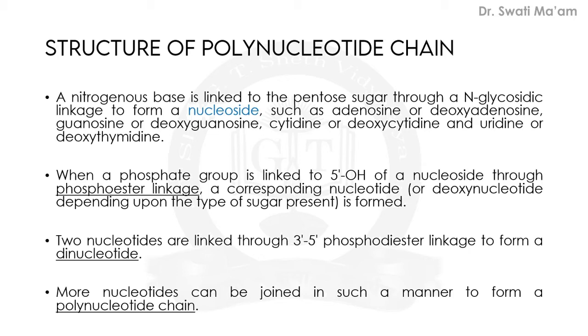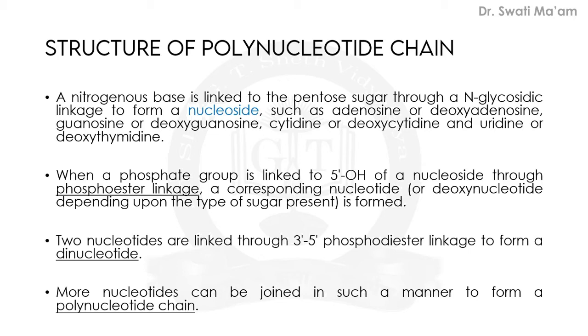Nucleotide is important here because we are making a polynucleotide chain, and the polynucleotide chain is important for understanding the structure of nucleic acid. Nucleic acids are of two types, DNA and RNA. DNA stands for deoxyribonucleic acid and RNA stands for ribonucleic acid.